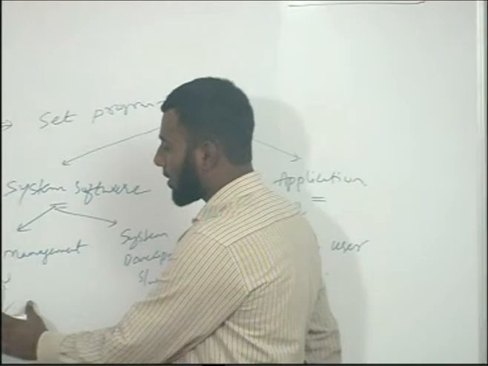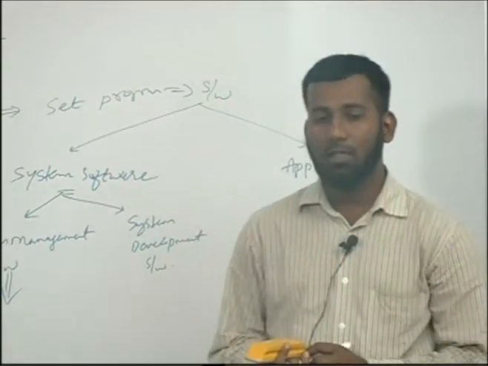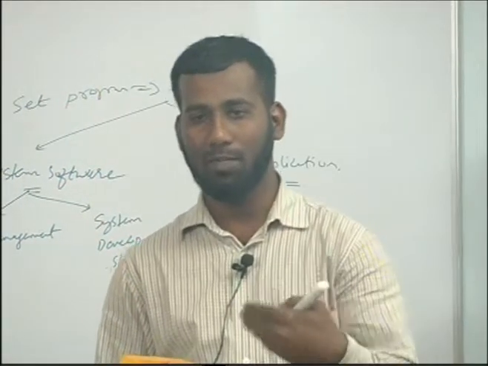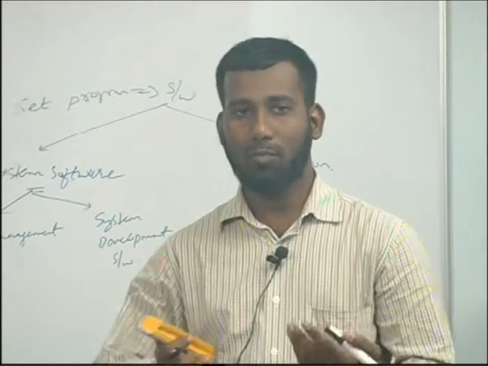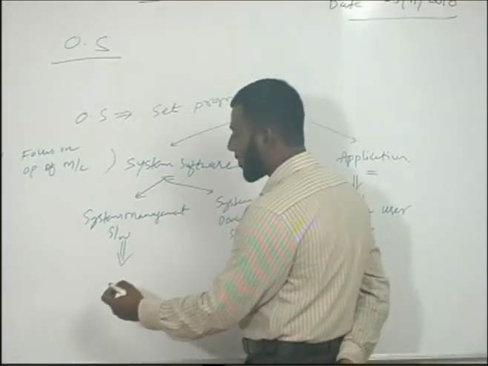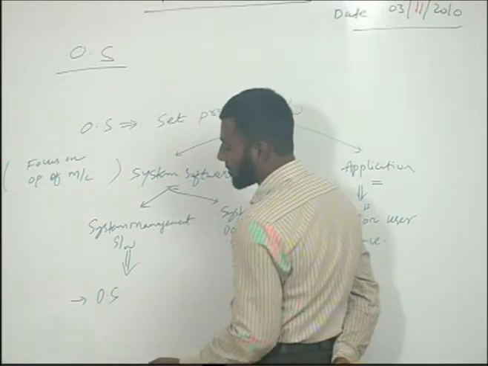System management software is the software which deals with the management of resources. If a system has n number of resources, how to utilize them efficiently and effectively; those kinds of programs we call system management software. Generally, operating systems fall in this category.